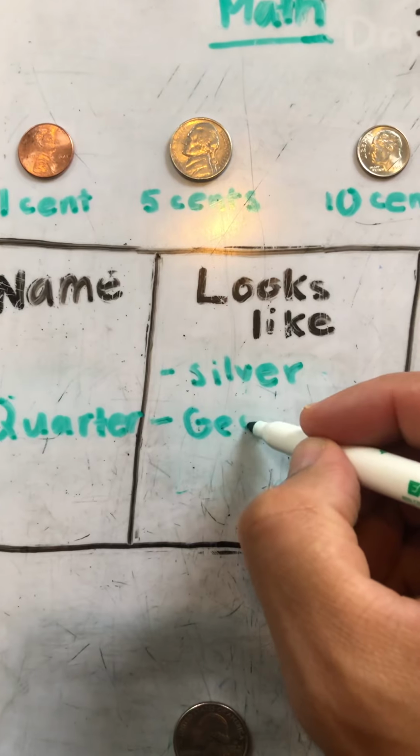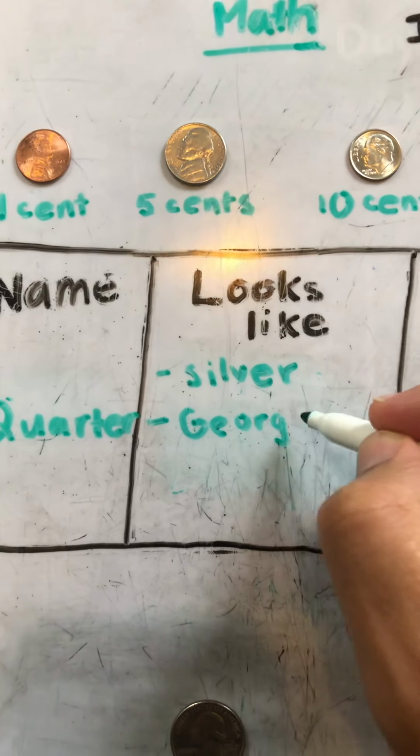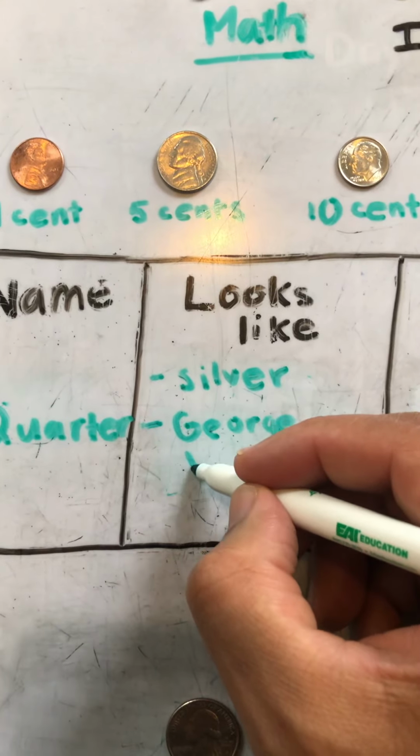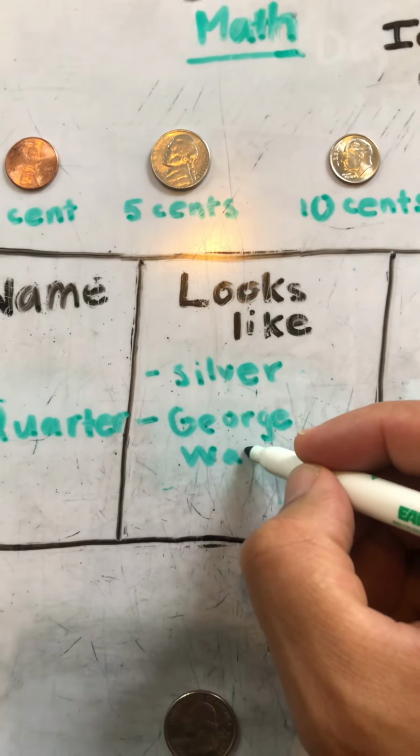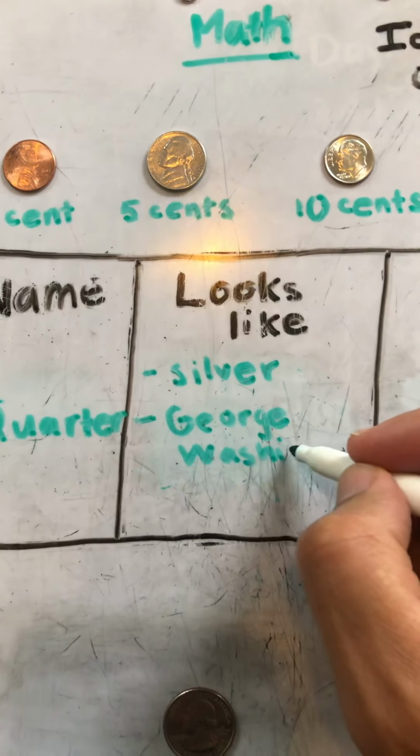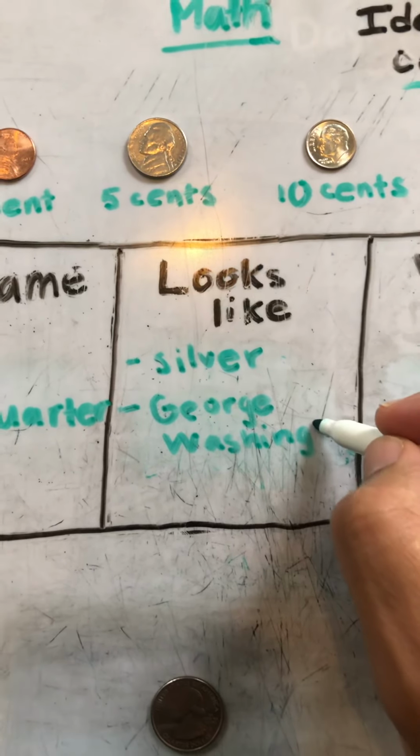As we said, the size also makes this one stand out. Compared to the other three coins we've seen so far, the size is going to be, we'll call it large. That's a pretty big one.